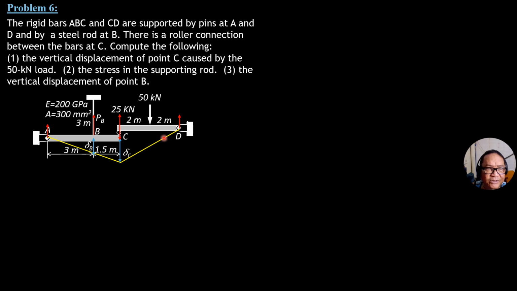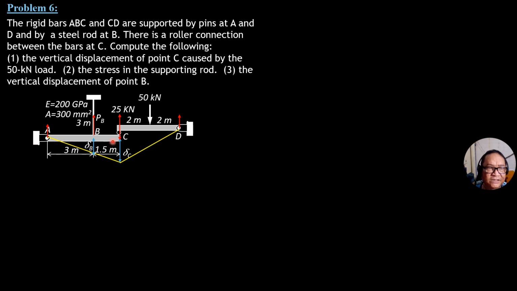We have the deflection under B and the deflection under C, and we can compute, considering CD, I will not solve it anymore because the 50 kilonewton load is acting at the center, and therefore the reaction would be half of 50, 25 kilonewtons upward for CD, and then transmit that 25 kilonewtons downward at C.